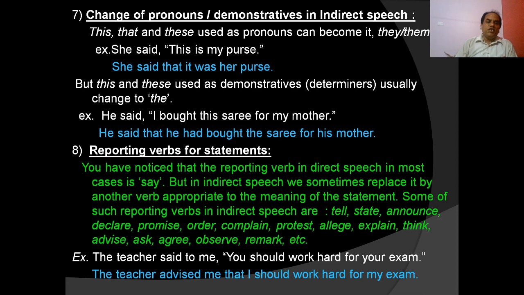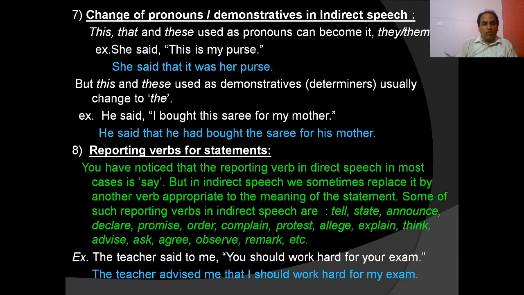Okay. Then reporting verbs for statements. You have noticed that the reporting verb in direct speech in most cases is say or said. But in indirect speech, we sometimes replace it by another verb appropriate to the meaning of the statement.